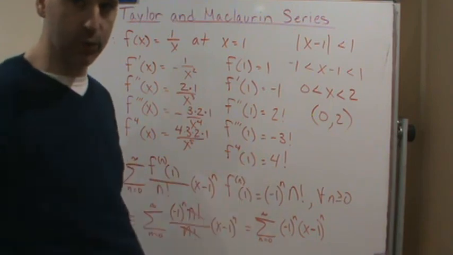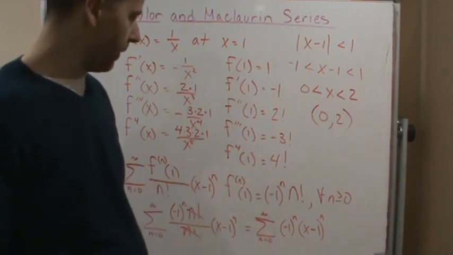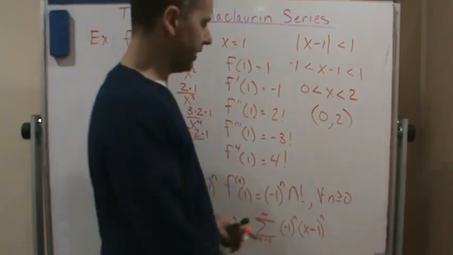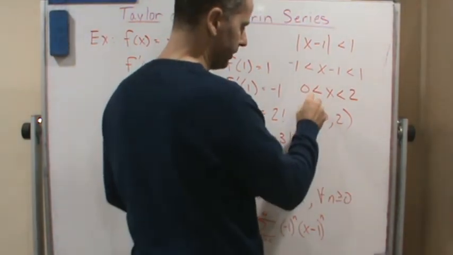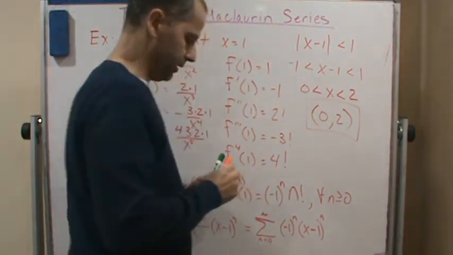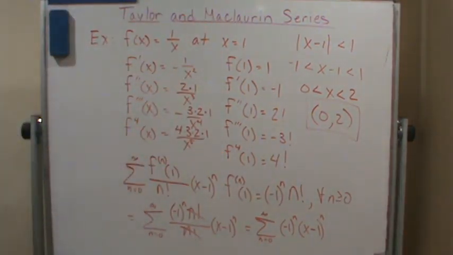So as n goes to infinity, it's going to diverge. So in that case, it diverges at both endpoints, and so the interval of convergence is going to be 0, 2. And that's it.